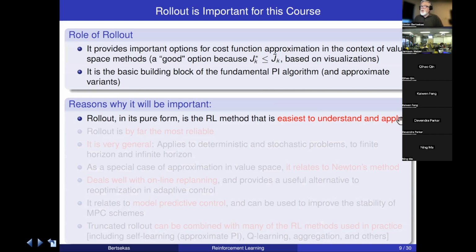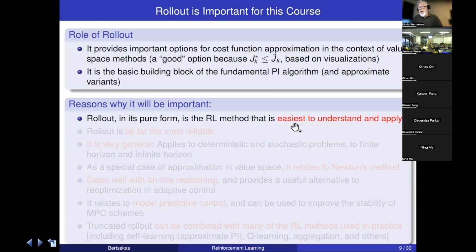To implement rollout on a given problem takes 2 days, let's say. But to implement a more complicated method, such as an approximate policy iteration algorithm, it may take 2 months. There's a day and night difference in the difficulty of implementing rollout and some of the other reinforcement learning algorithms.